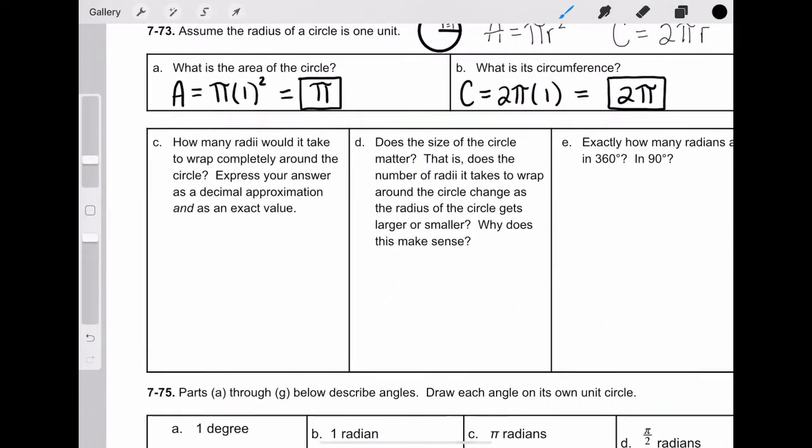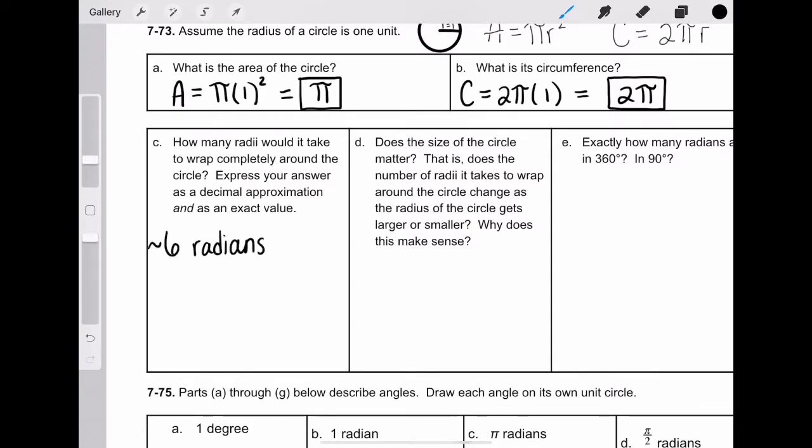Now, for part C, it says how many radii would it take to wrap completely around the circle? Now, most of you, even if we had two different sized circles, all of you should have had the exact same amount of radii. Or radians, sorry. So I had 6 radians, but it wasn't 6 radians exactly.